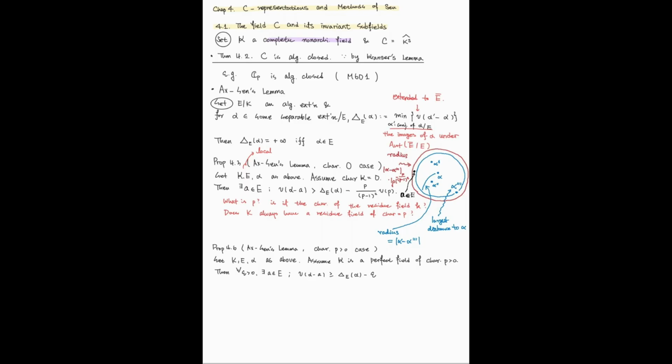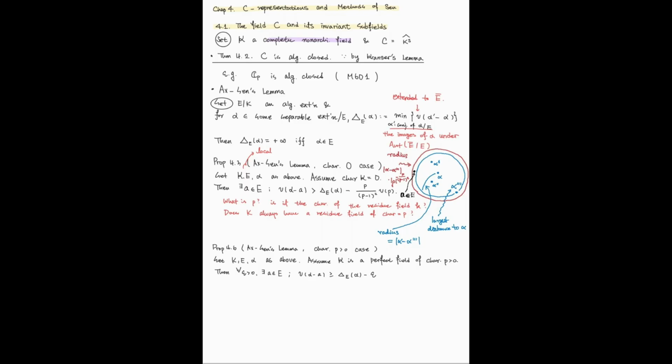But at least means A can be in the blue circle. It could be even better than that, in which case this inequality on the left, v of alpha minus A, is even greater than delta E of alpha.